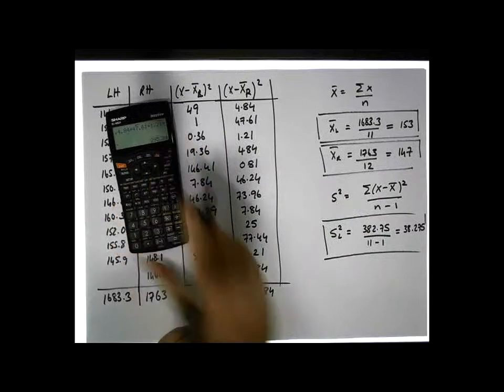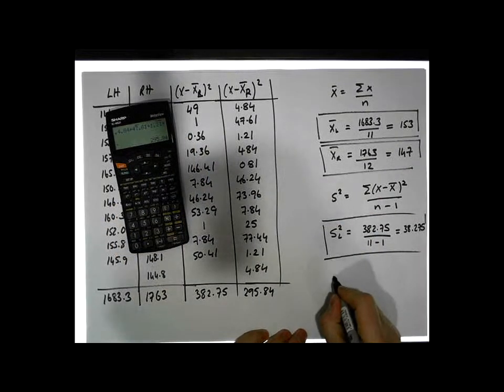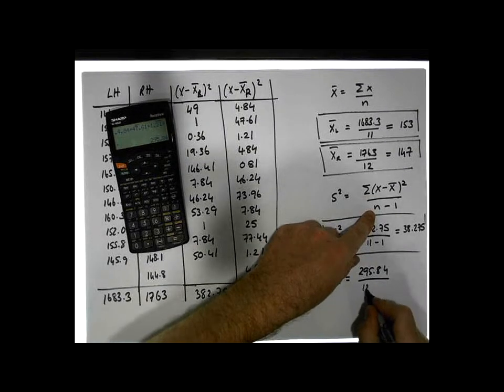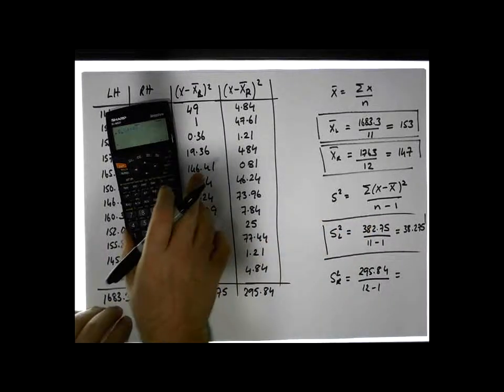But the important point here now is that we have the variance for the right-handers. So s squared for the right-handers is 295.84 divided by just 12 of them minus 1. So divide that by 11.